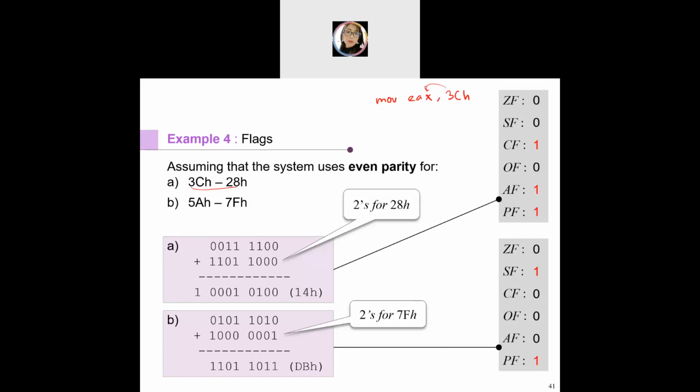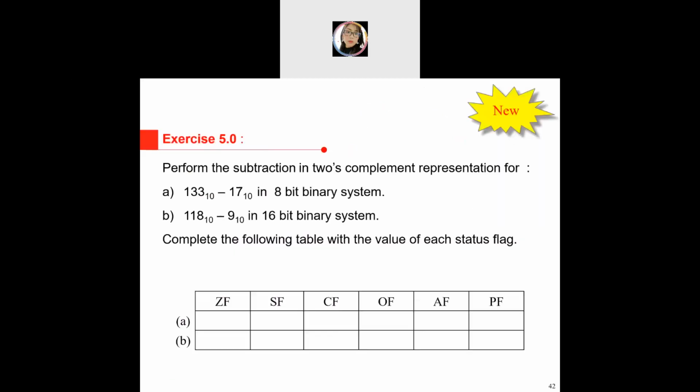Or maybe you just use the number. So you subtract EAX with the value of negative 28 hexadecimal. So you try to look at your answer, and you will get to see what is your output in terms of the sign. So try to do it.